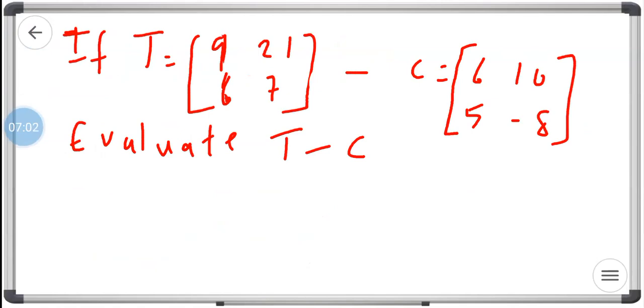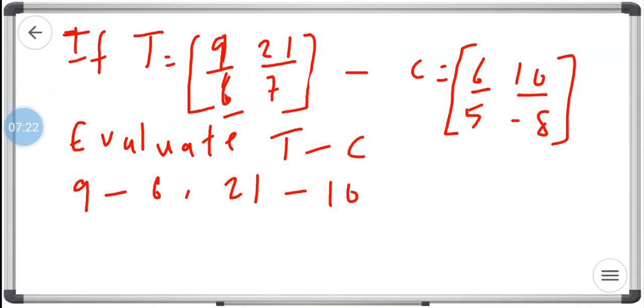Here a11 is 9, minus a11 there, that's 6, comma, a12 here is 21, minus a12 there, that is 10. Now a21 here is 6, minus a21 there, that's 5.